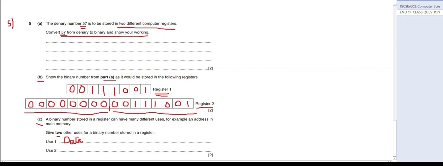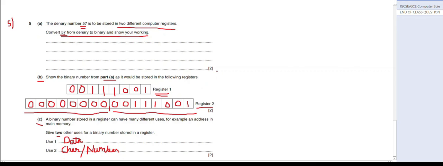Use 2 can be a character, I'm writing it as CHAR, or a number. Data, character, or number, right? These are uses for a binary number stored in a register. It can show data, it can show a character or a number, right?